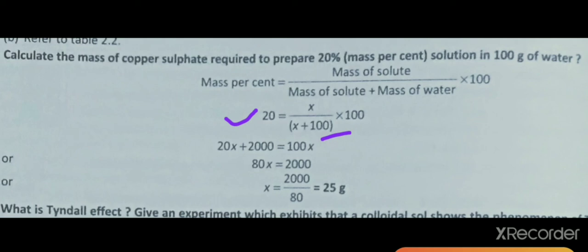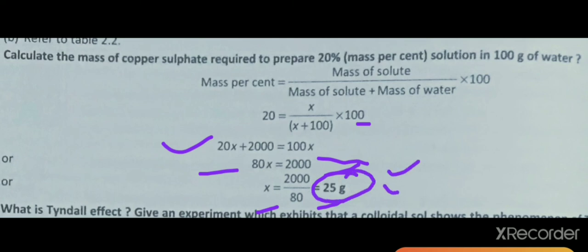Now students, solving it, 20x plus 20,000 is equal to 100x. Taking the common terms to a side, 80x is equal to 20,000. Now x will be equal to 20,000 by 80, so it will be 25 gram.